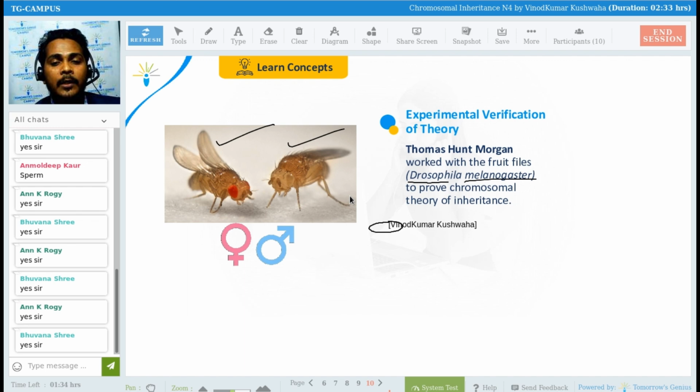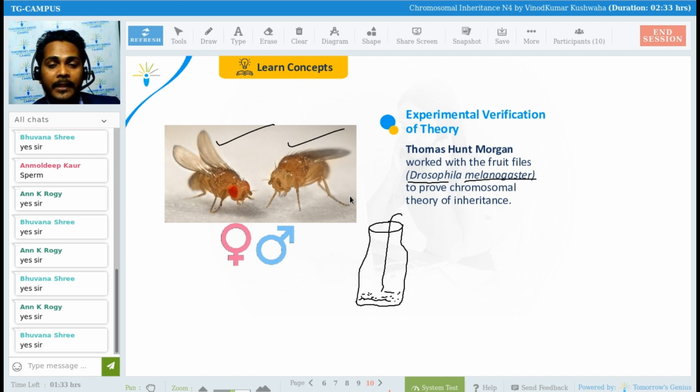In a milk bottle you can put yeast agar powder inside and leave it open for a few days. Drosophila will start growing, laying eggs inside, and within a week you will get ample Drosophila from this bottle.